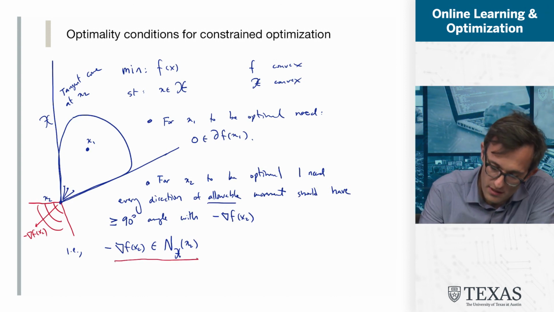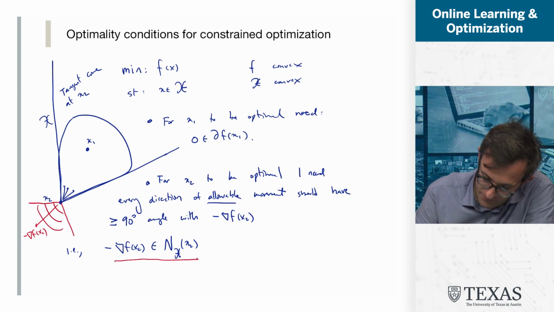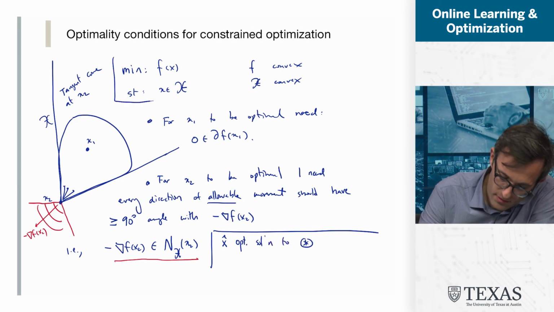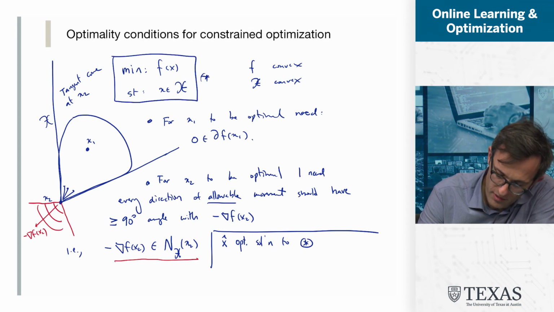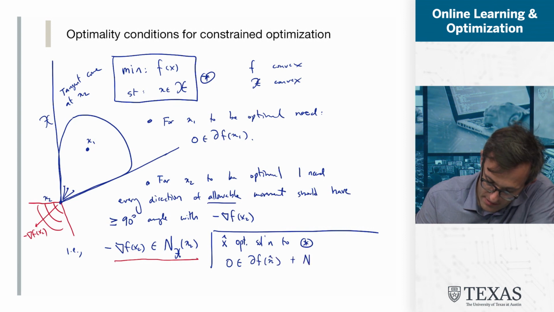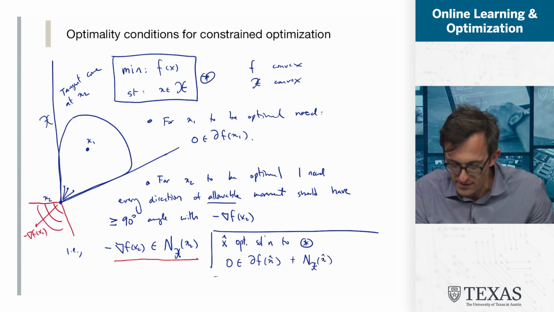Unwrapping this, we have our basic definition. x hat is an optimal solution to star. This is our main problem that we care about. This is the same as saying that 0 is an element of the subdifferential of f at x hat plus the normal cone. How did this happen all of a sudden?